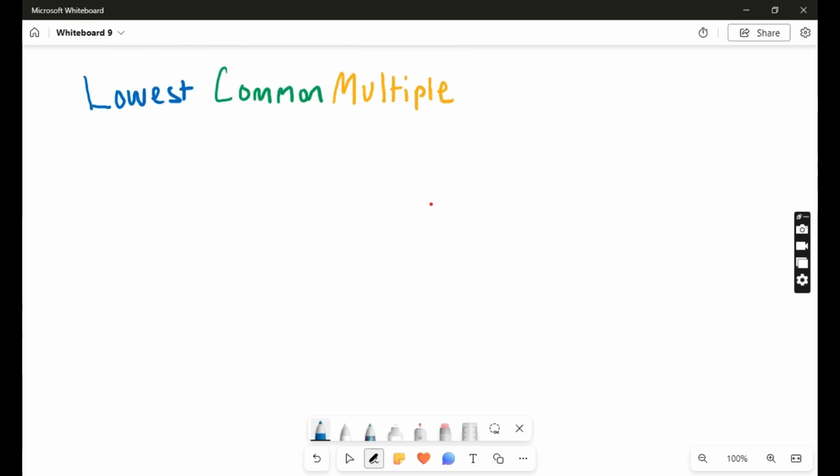So let's find the lowest common multiple of 26 and 48. I'm going to use a prime factor tree to find the prime factors of these numbers. So 26, I'm going to break down. We have 2 and 13. And 48, we can break down into 2 and 24.